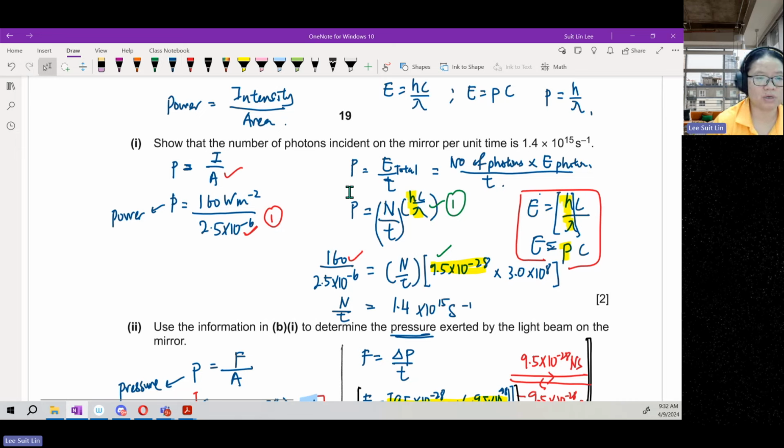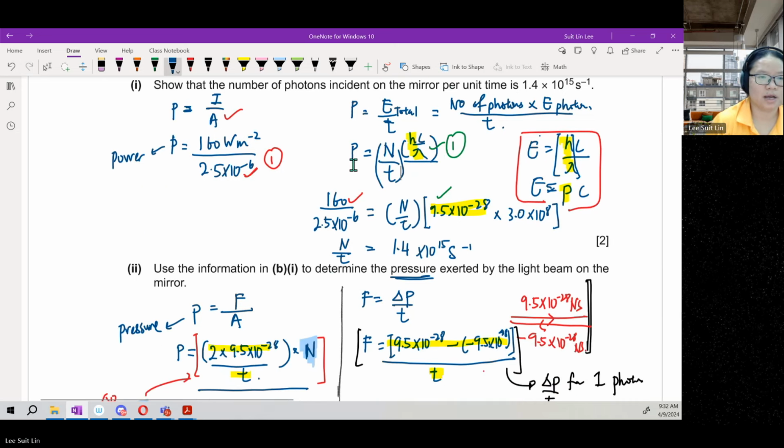So we know power is total energy over time. So I can take the number of photons multiplied by the energy of 1 photon per unit time. I also need to substitute power, and power is intensity times area. So putting everything together, I find how many photons collide with the mirror surface in 1 second.